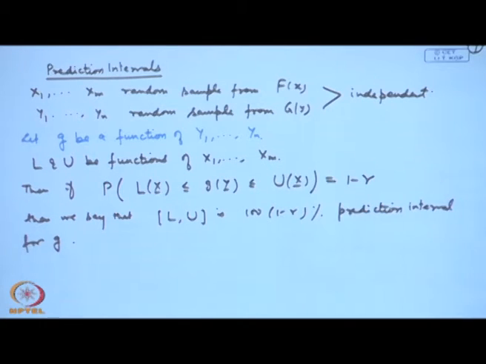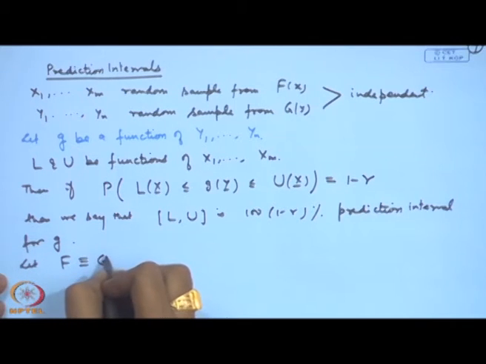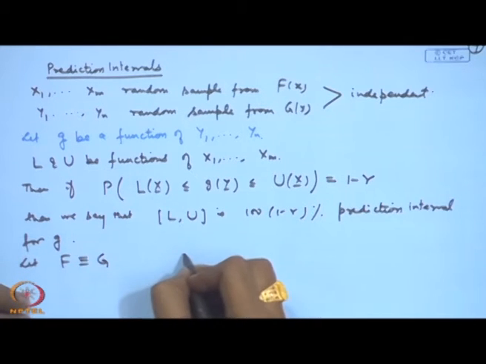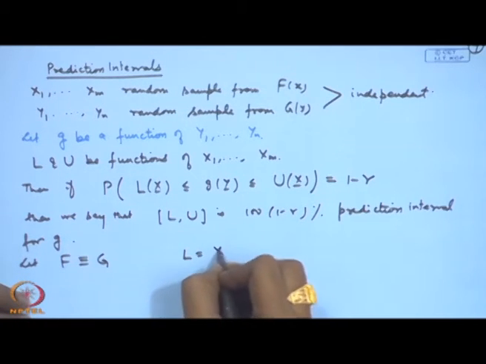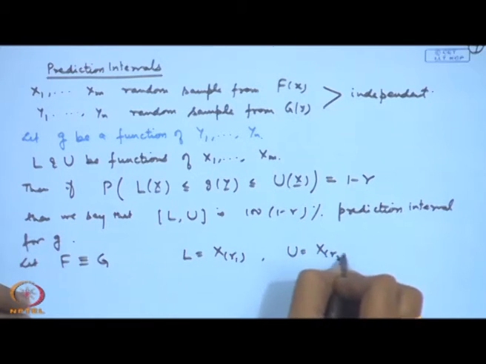Let us take the special case. Let f be equal to g, then how do we look at it? Let us consider L to be the R 1th order statistic and U to be the R 2th order statistic.